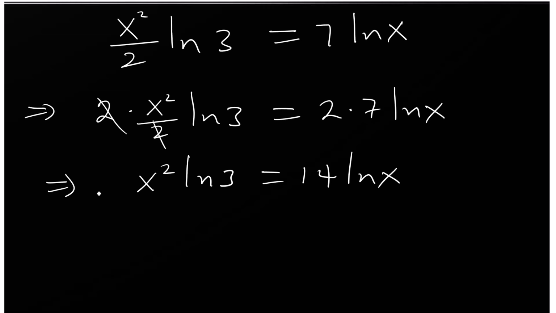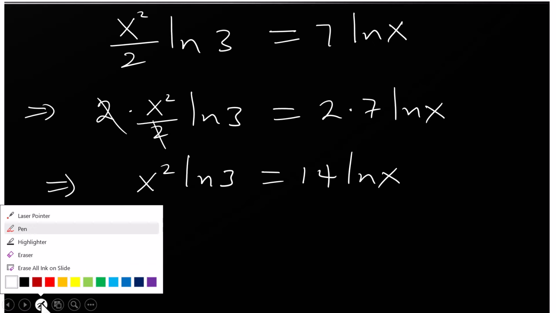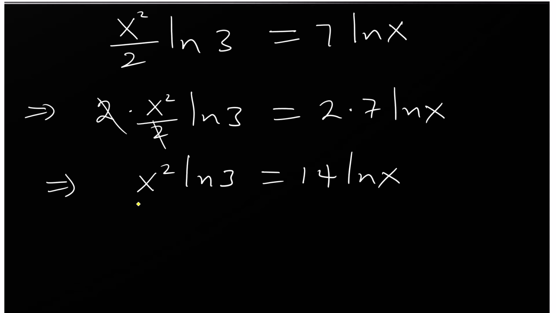Now the next thing here is to group the ln of x and the x squared on one side, and then ln of 3 and the 14 on one side. So I will divide both sides by x squared times 14, and I'll do the same here, x squared times 14.